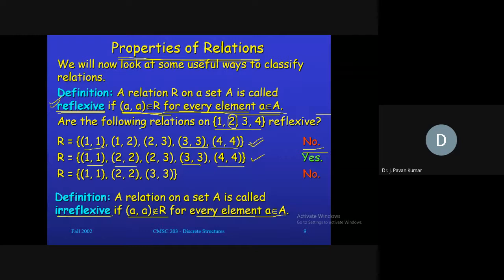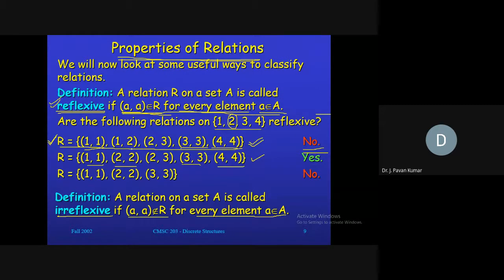Now consider the first example. Is this irreflexive or not? No. What is the counter case? 1 comma 1. You can even give 3 comma 3 or 4 comma 4.